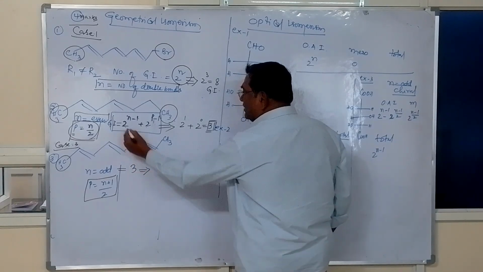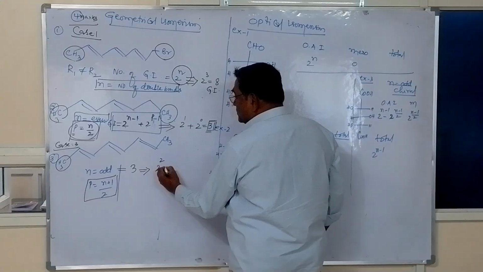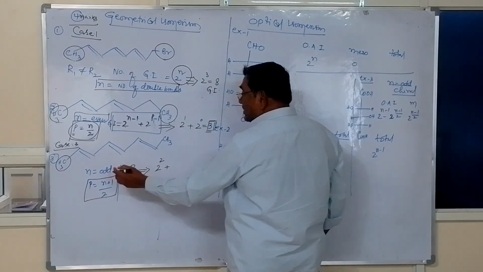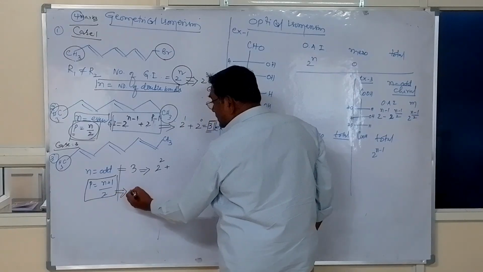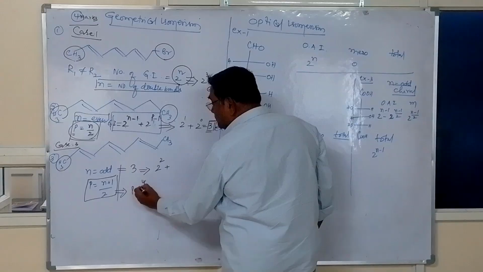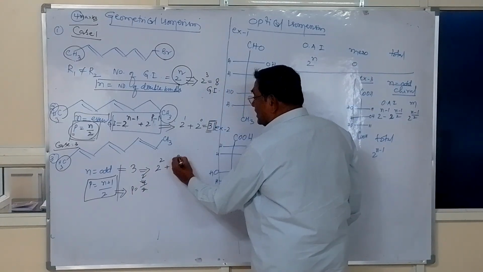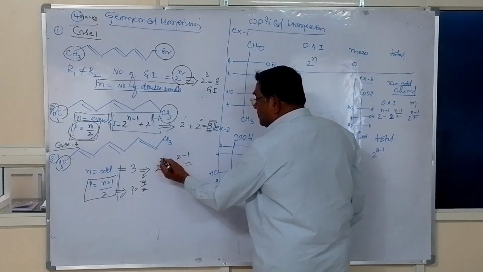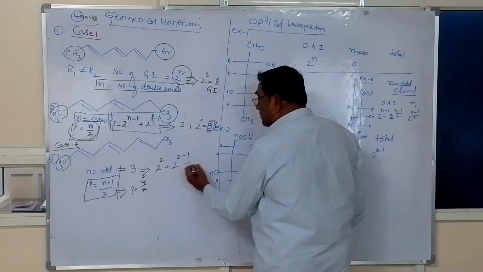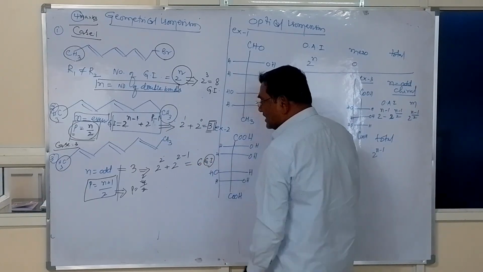Let's calculate the number of geometrical isomers. 2 to the power 3 minus 1, that is 2 to the power 2, plus 2 to the power p minus 1, where p is equal to 4 by 2, that is 2. So 4 plus 2, 6 geometrical isomers. This is the case, children.